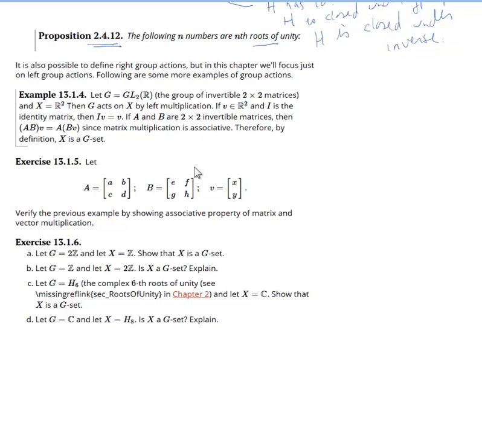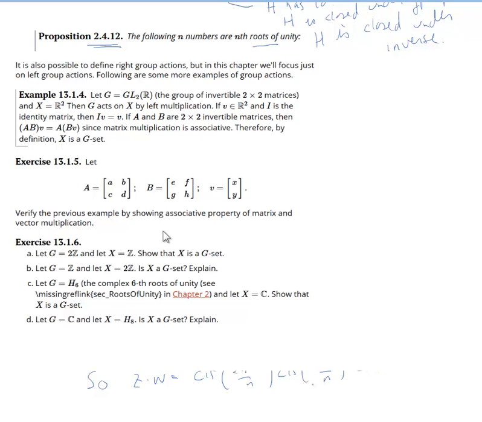So these follow the very same rules. You can multiply the two matrices together and act that on the vector, or you can multiply the vector by the first matrix and multiply the result by the second matrix, and we get the same result. So this expresses the same ideas of group action, and this exercise shows that we can also apply group action to other examples that we've seen before.